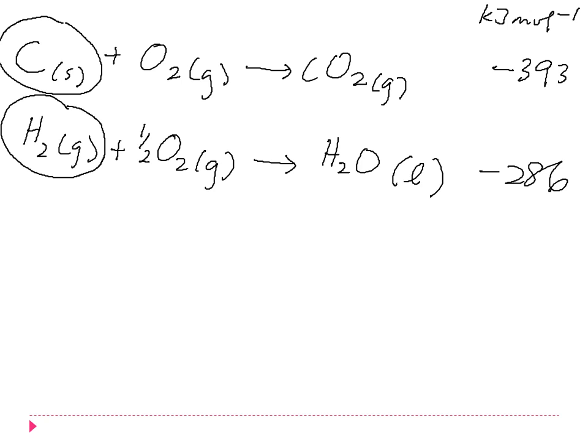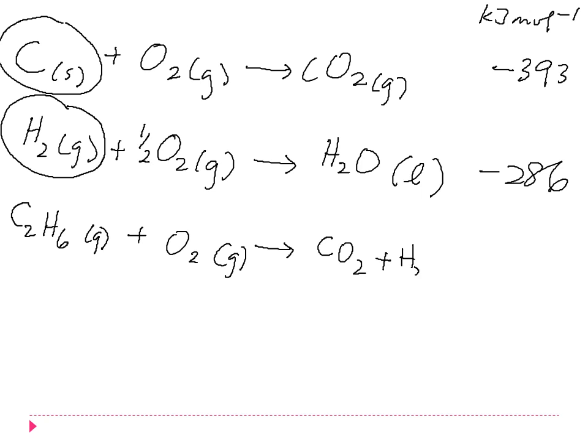Okay, the reactant. So next, we're going to combust ethane, C2H6. This is also in gas form. So we are going to calculate how many oxygen we need later. But we know that the product for this is CO2 and H2O.